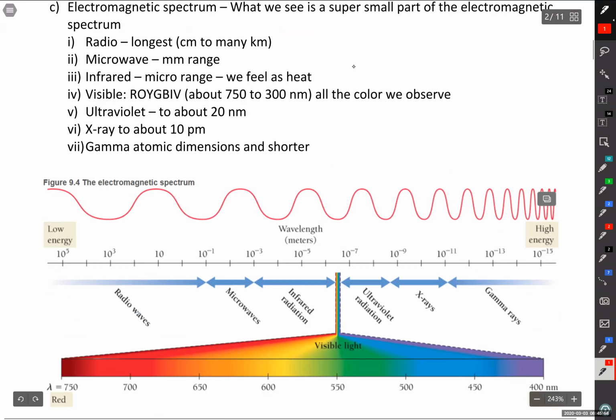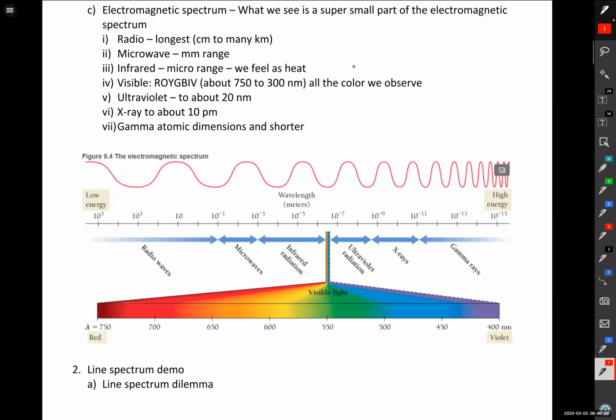All right, so this is again stolen from the book. So we talk about the electromagnetic spectrum, right? See this? This is Roy G. Biv down here. So which side is high energy? The violet side is the high energy. So this is in order of red, orange, yellow, green, blue, some color that I don't really know, and violet.